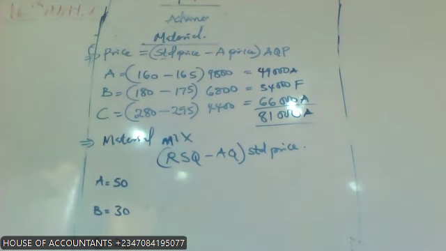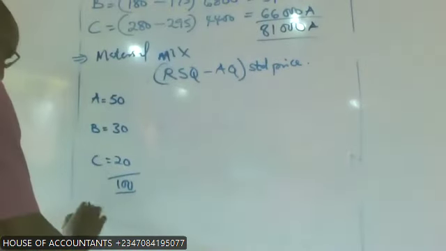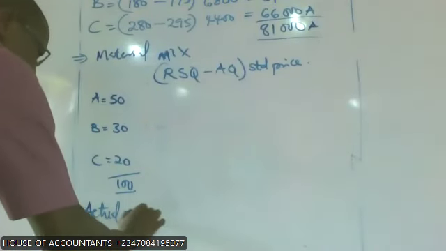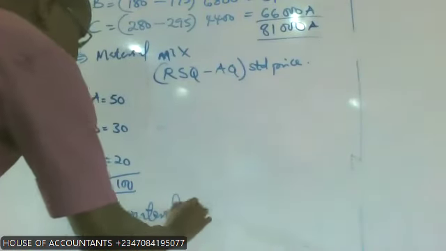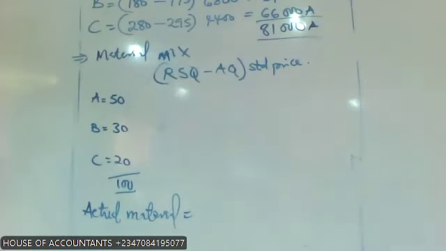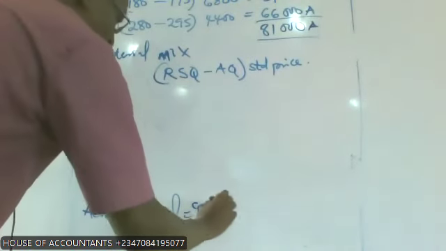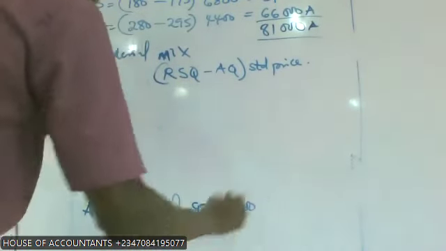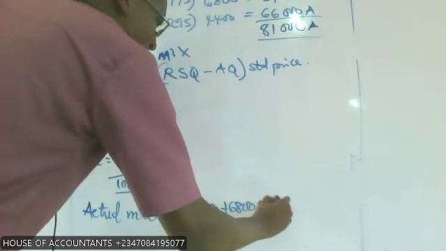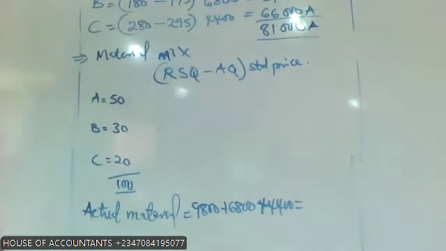But we want to spread this based on the actual material they used. Actual material used is from actual: 98 plus 68 plus 44. What is the total?